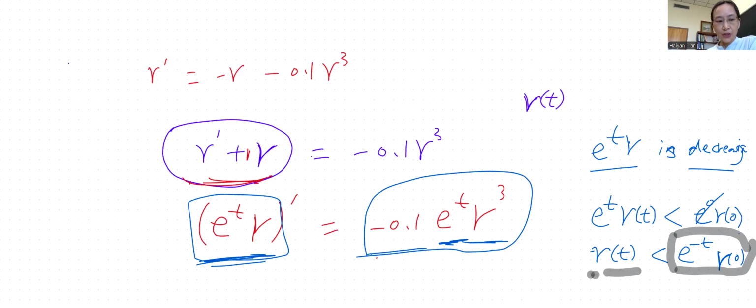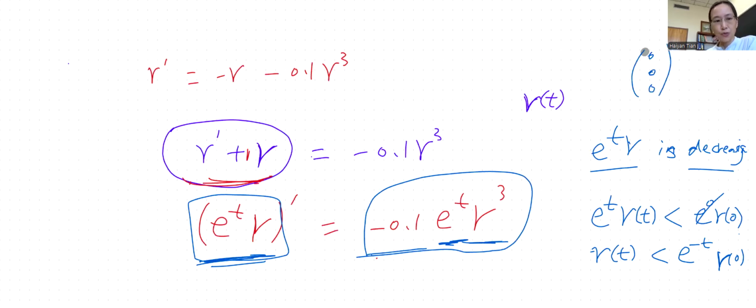So therefore, it is asymptotically stable at the equilibrium point 0, 0, 0.